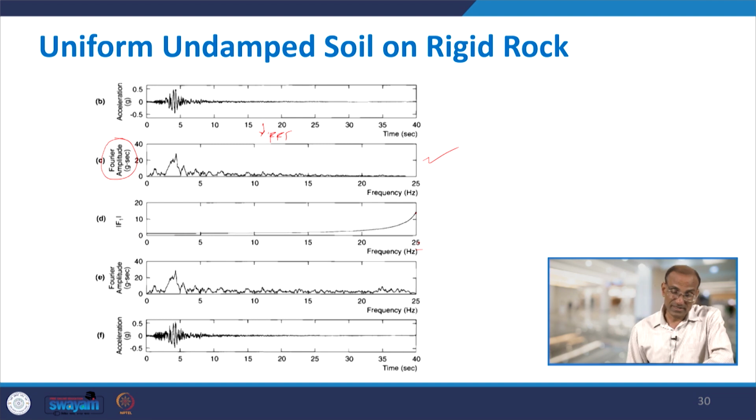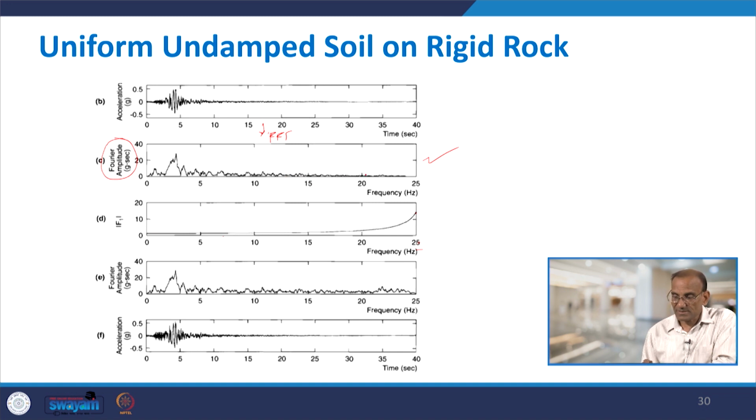Now, this is your transfer function, which is independent of your input motion, and this is the Fourier amplitude of the input motion. We multiply the transfer function with the Fourier amplitude, and then we get another Fourier amplitude, as shown in figure E. But here you will see that the time histories for C and E appear to be almost the same, and the reason is that the value of the transfer function is almost near 1 up to where the major peaks are coming.